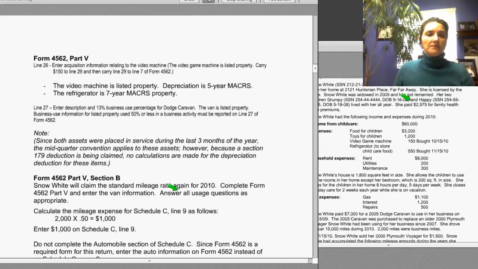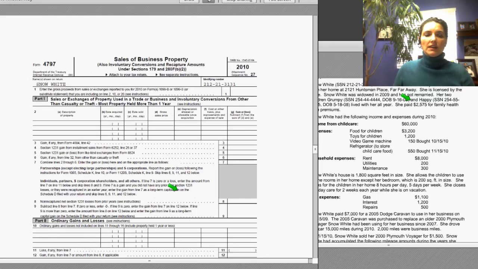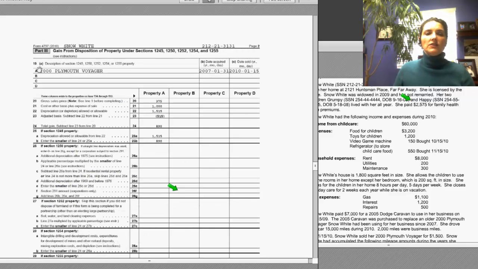Now let's go to the 4797, and we're going to complete page 2 of Form 4797. Right here, we entered the description of the asset being sold, which was the Plymouth Voyager. The date it was acquired was 1/31 of 2007, and it was sold on 1/15 of 2010. The gross sales price is $375. The cost basis is $1,000. The depreciation claimed was $1,515.